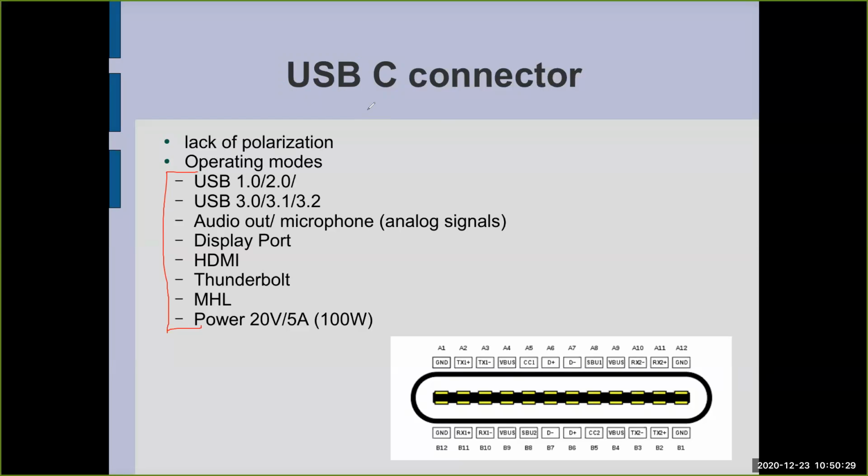Of course, you probably know how the iPhone coped with USB-C requirements, because the EU requested that all devices should have a USB-C connector.